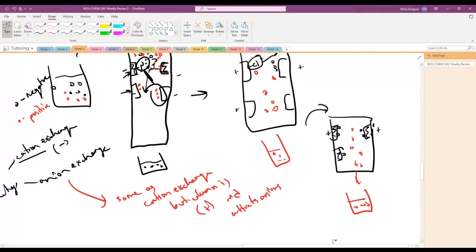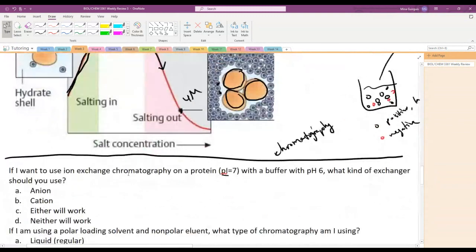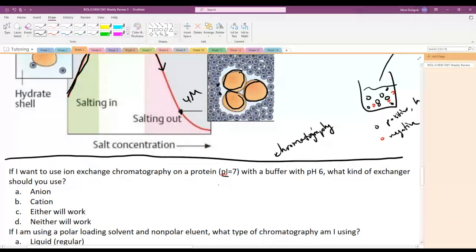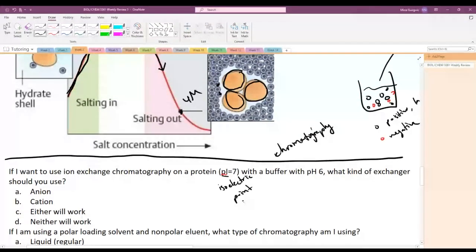Okay. So now let's go back to our actual question. If I have this situation, what kind of exchanger should I use? So if I have a PI of 7, PI is the isoelectric point, and it's basically when my protein or my peptide is neutral.